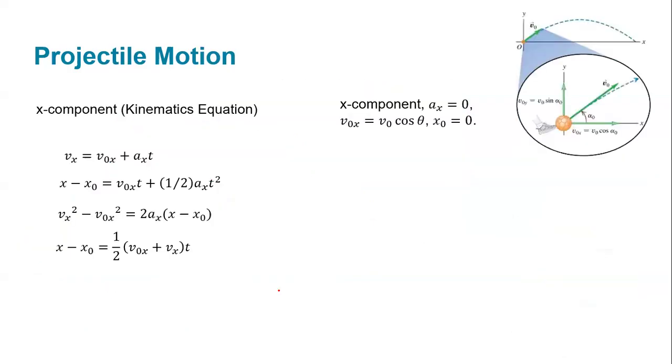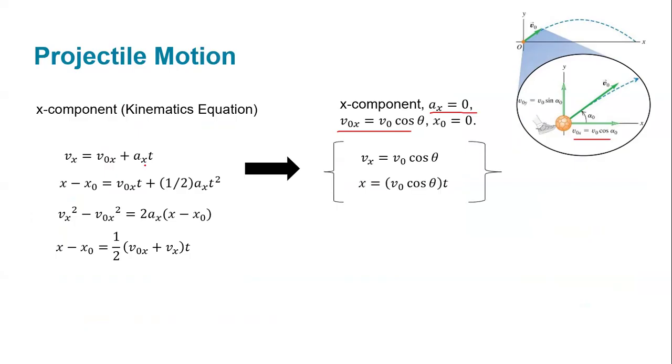So let's separate the x and the y components. We're going to use the kinematics equations. For the x component, since the acceleration is 0 and v sub ox is just equal to v sub o cosine alpha sub o, we get these two equations: one for determining the x component of velocity, and one for the x position.